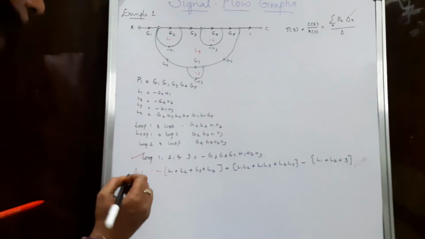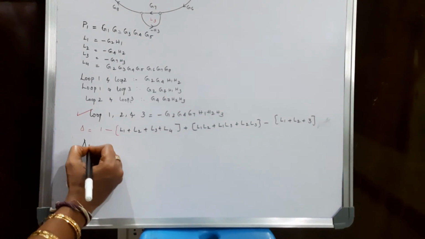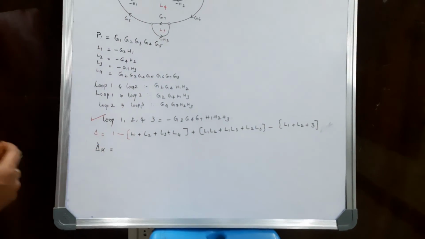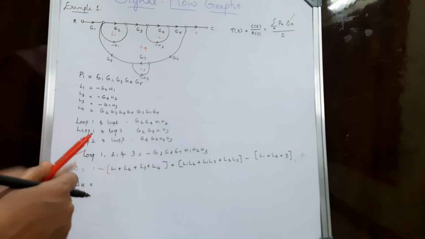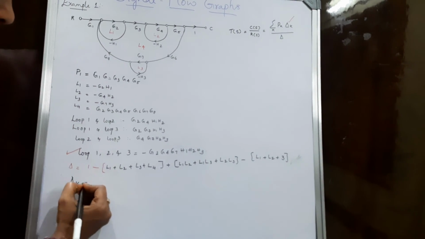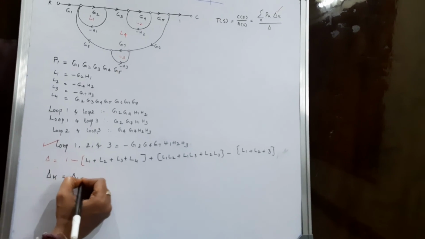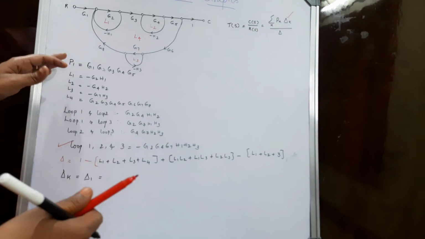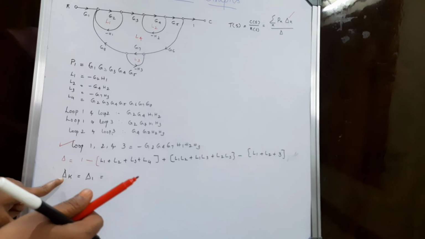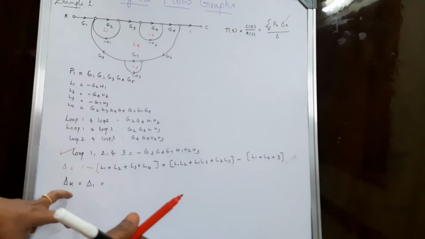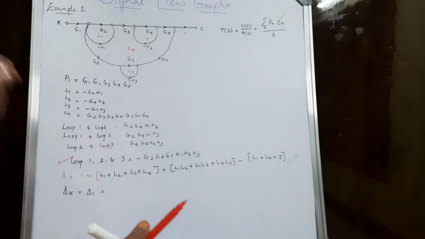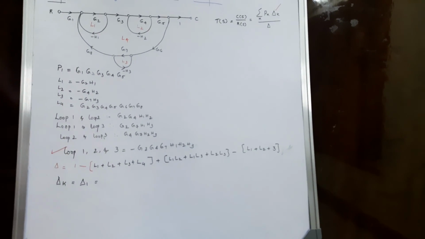Now as I told you, delta k depends on P1. Suppose I have one path, then I will have delta 1. If we have 2 paths, we will have delta 1, delta 2 and so on. So delta k depends upon the number of paths here.